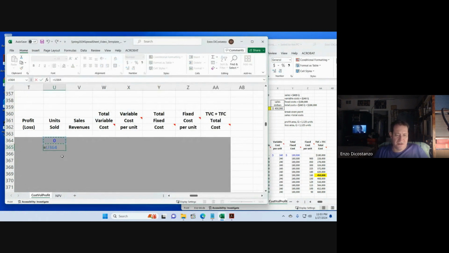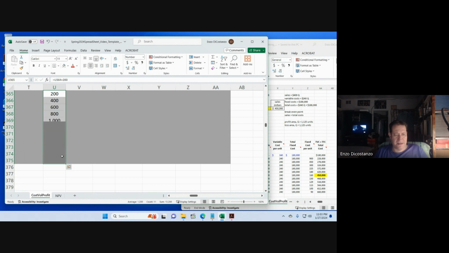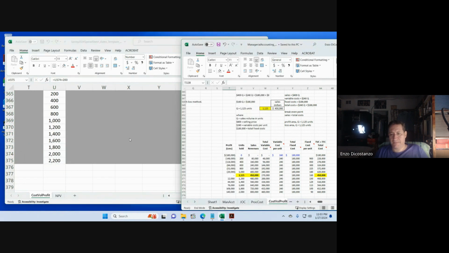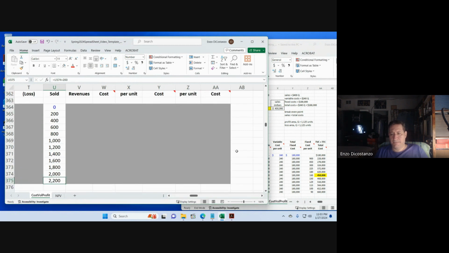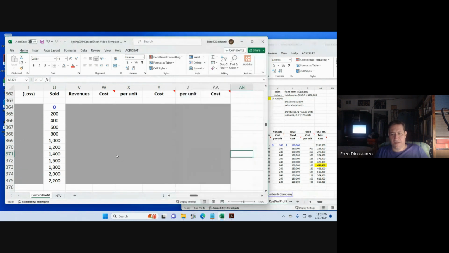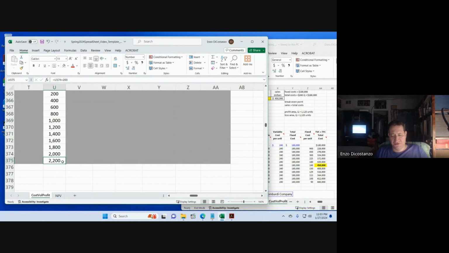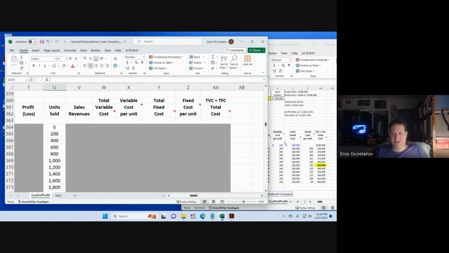So equals this thing plus 200. You're at 200 here, and then down. I went one line too many here. We don't need 2200. Okay, so that's just 0 to, and actually, no, we do need that.